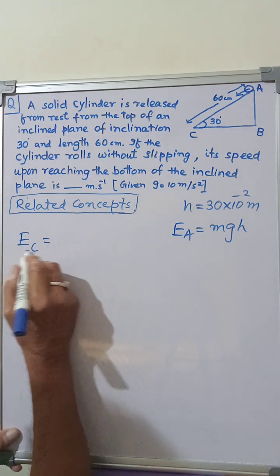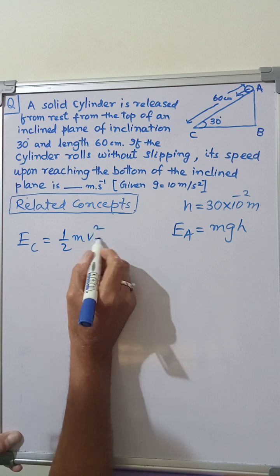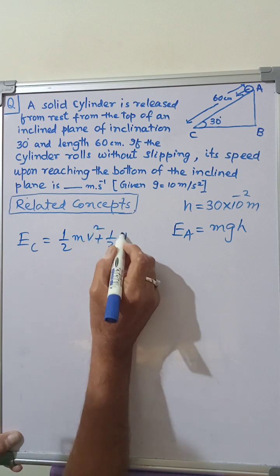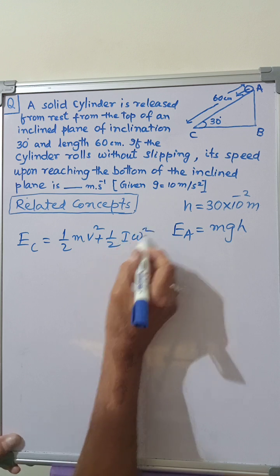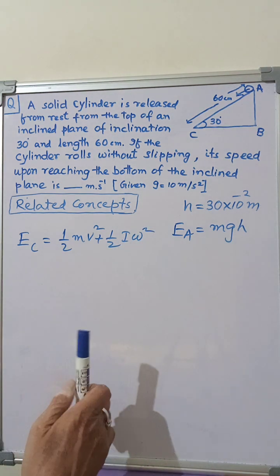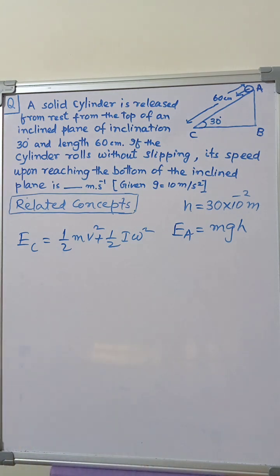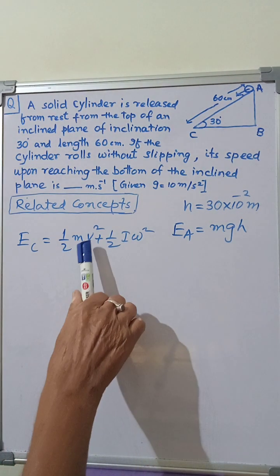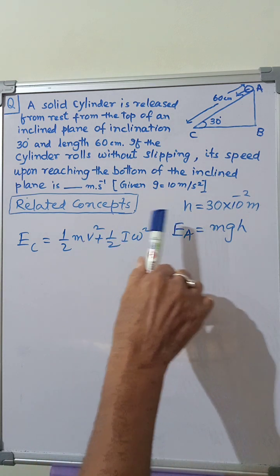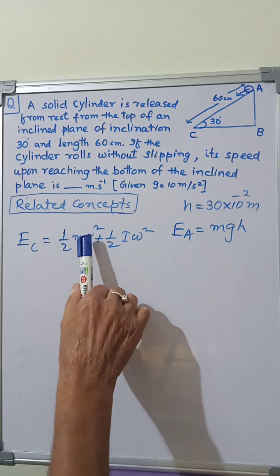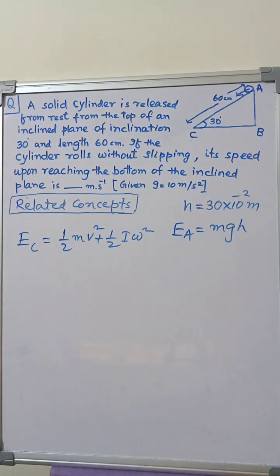So we can write EC is equal to half mv square plus half I omega square, where I is the moment of inertia of the cylinder and omega its angular velocity, and v is its linear velocity. This v and omega are respectively the linear and angular velocities at point C of the cylinder.